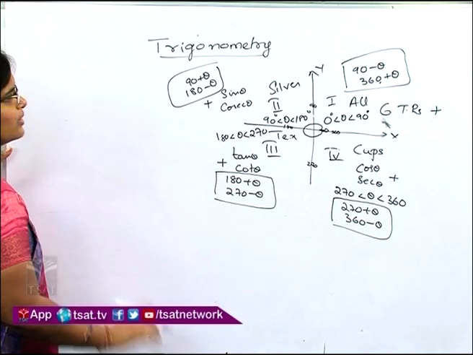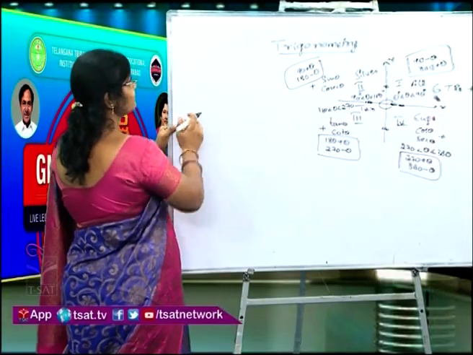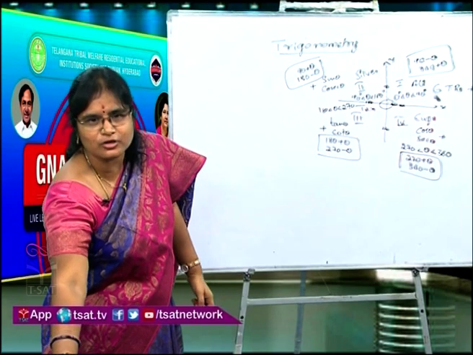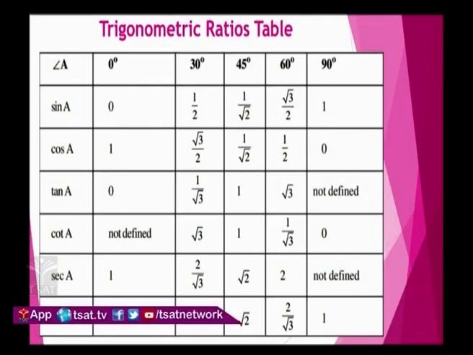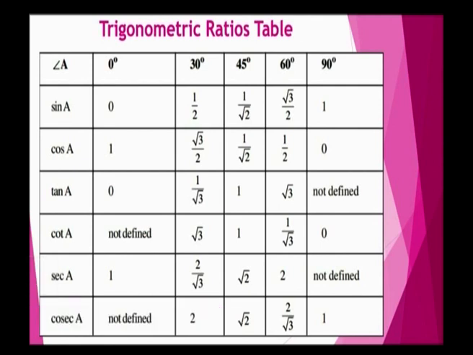Now first of all we will see the values of trigonometric ratios. So children, we have to remember these minimum values, that is for 0 degrees, 30 degrees, 45 degrees, 60 degrees and 90 degrees. We have to remember the values.